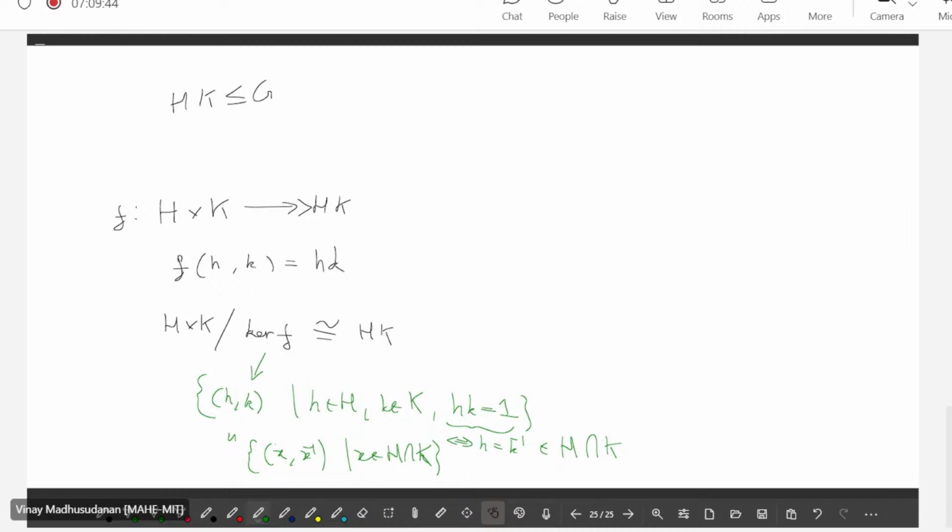It is determined by the first one. So this one has cardinality, which implies the order of the kernel of f is equal to the order of H intersection K, and so it follows. Correct. When it is a subgroup, you can use that argument.